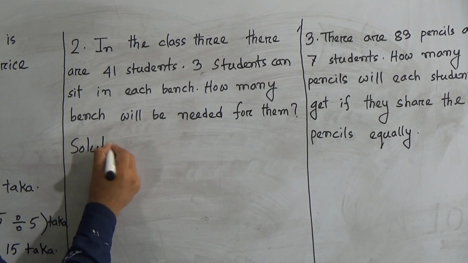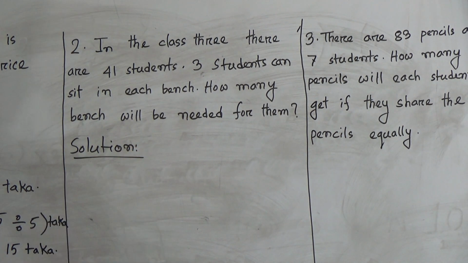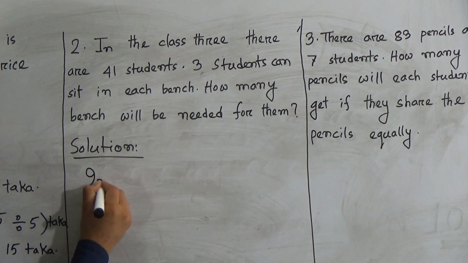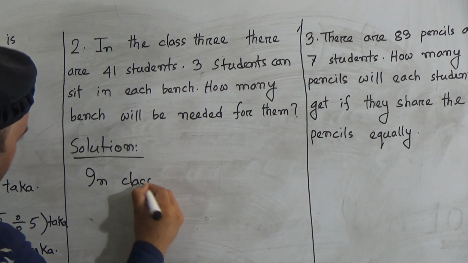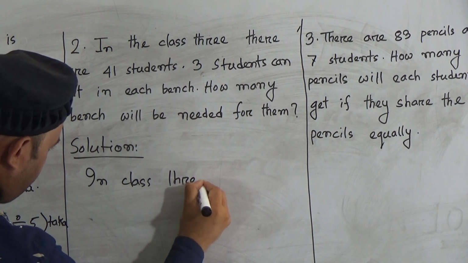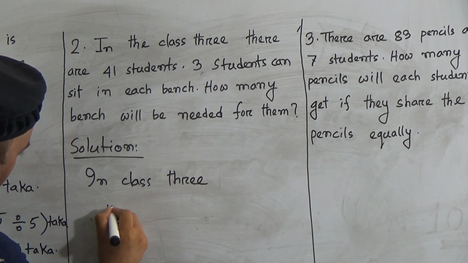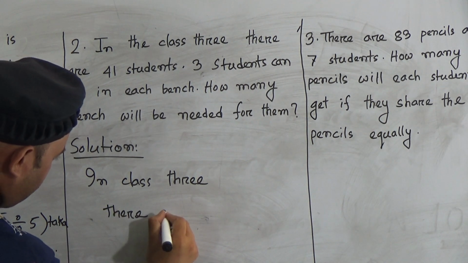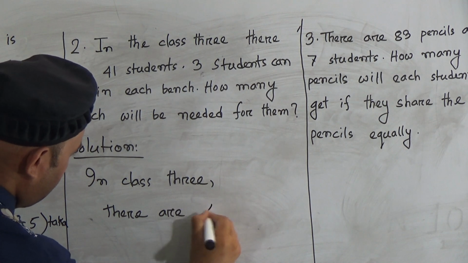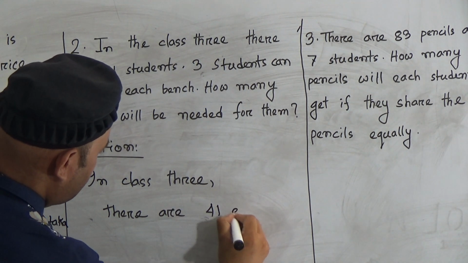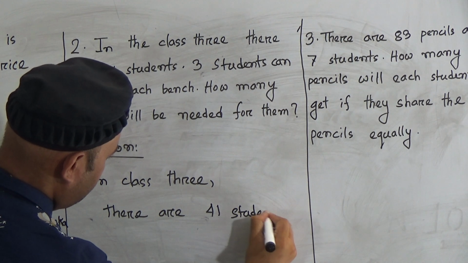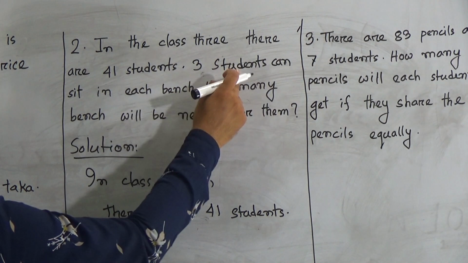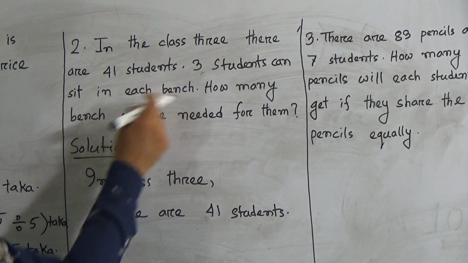So, solution is, given that there are 41 students in class 3, and 3 students can sit in each bench.